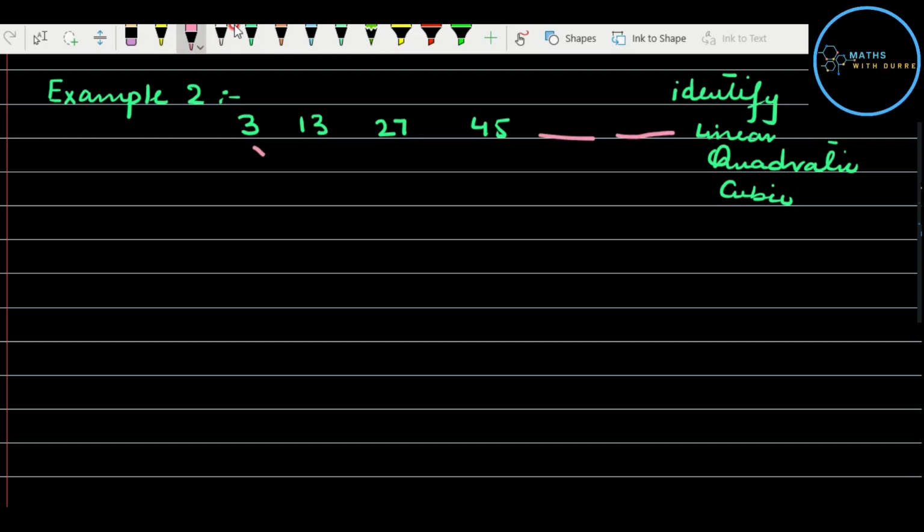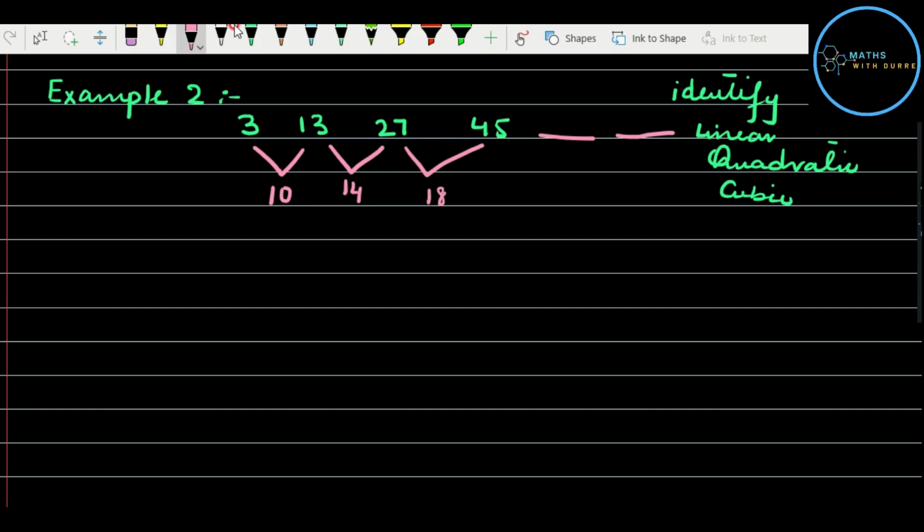Okay. So first of all, we will find the difference. What is the difference between 13 and 3? 10. The difference of 27 and 13 is 14. The difference of 27 and 45 will be 18.